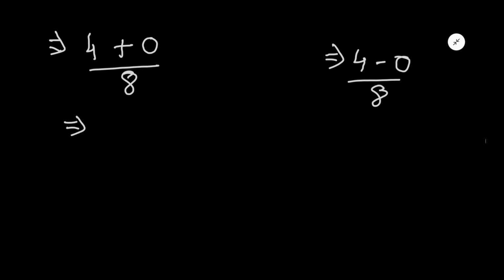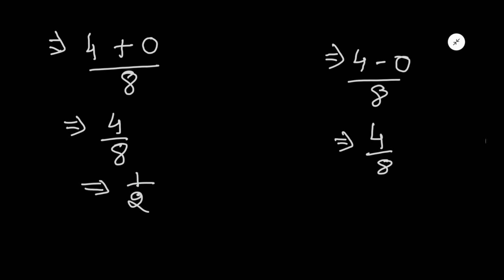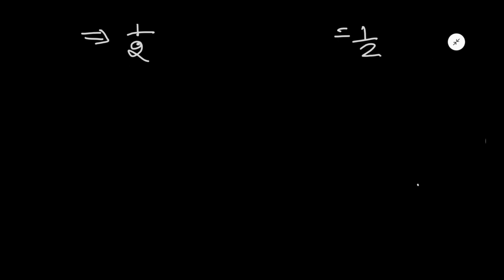So 4 plus 0 is 4, so 4 upon 8, and for the other equation also, 4 minus 0 is 4, so 4 upon 8. So this is 1 upon 2, and for the other equation also, 1 upon 2. So both the roots are equal to 1 by 2 and 1 by 2.